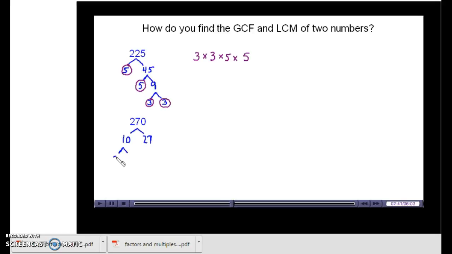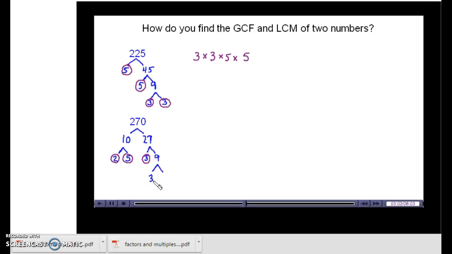10 is the product of 2 multiplied by 5. Both 2 and 5 are prime numbers, so I finish this branch of the tree. 27 is the product of 3 and 9. 3 is prime, but 9 can be factored further.